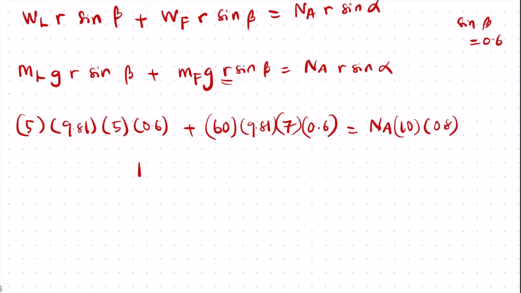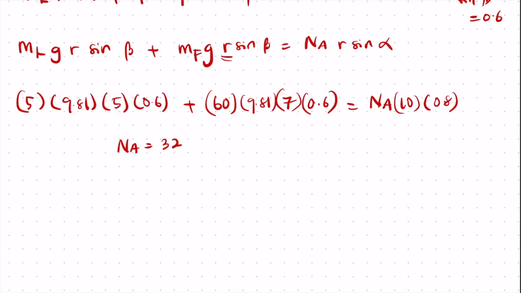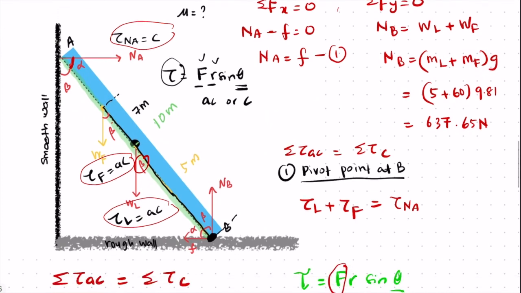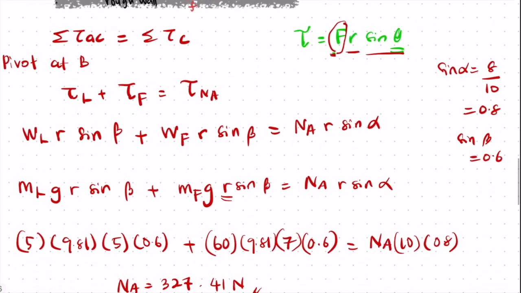Then we will have NA here. You will get NA here.